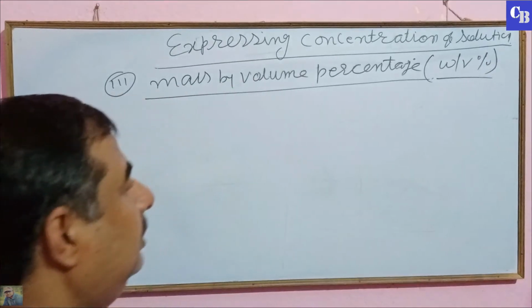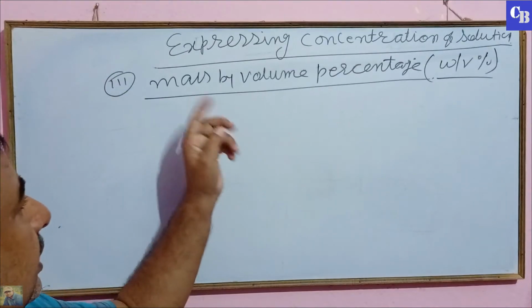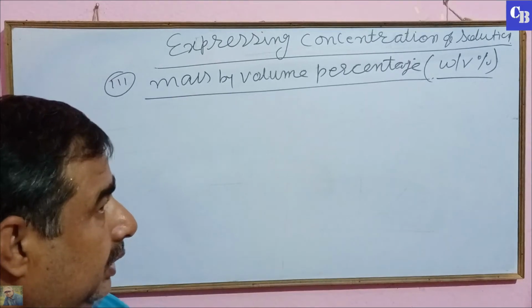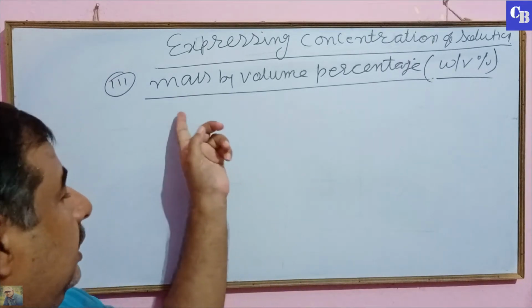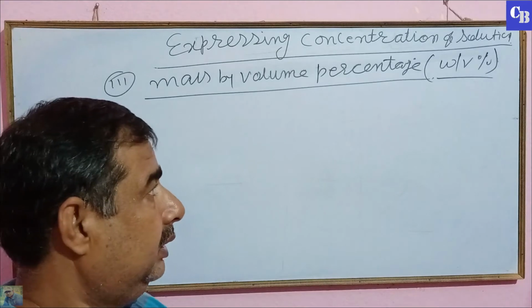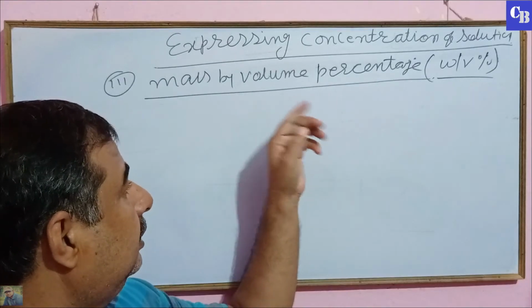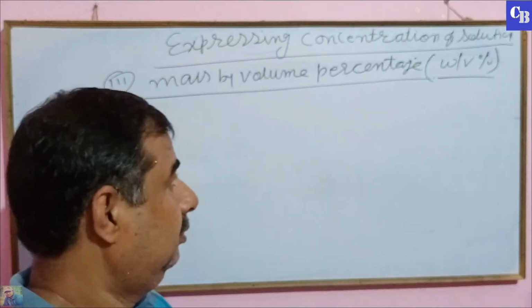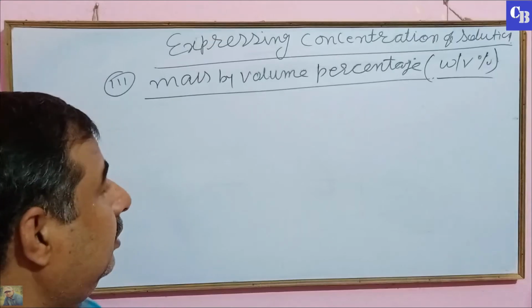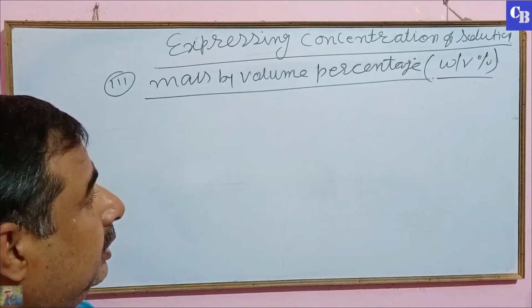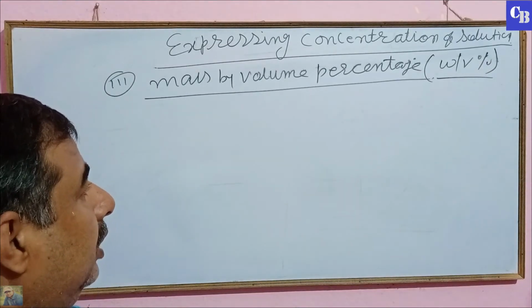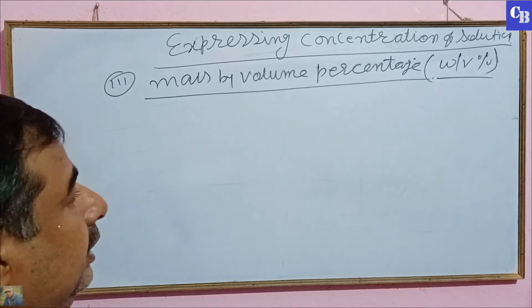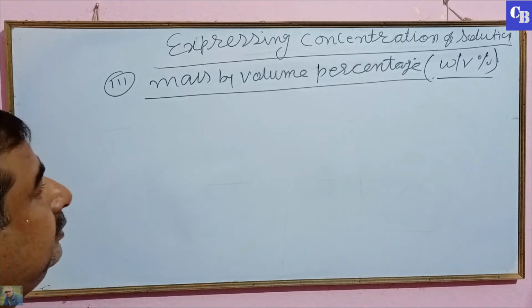And so W by V percentage means mass of solid, amount of solid, is expressed in gram, and amount of solvent or solution is taken in milliliter.